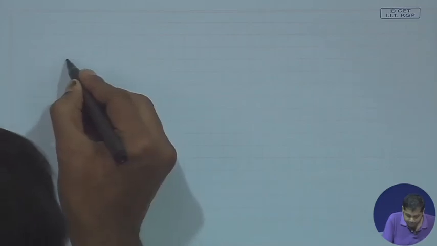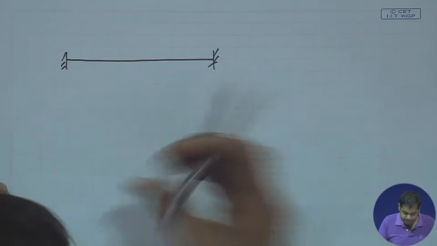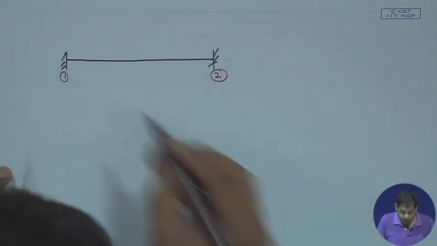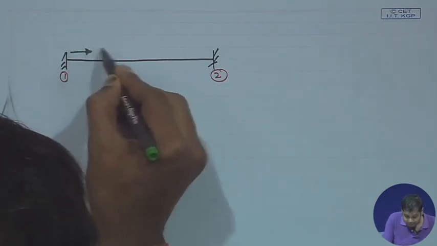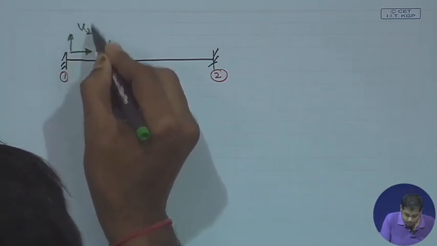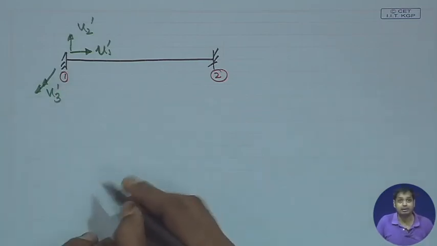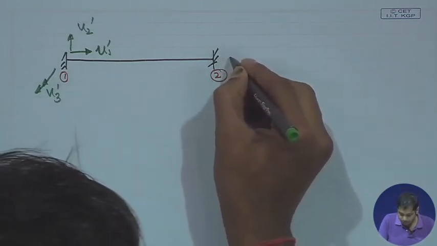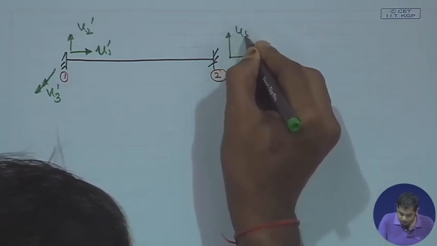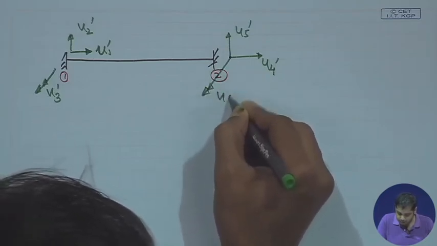So, this is a beam segment, and this is your point number 1, this is point number 2, and degrees of freedom are: this is axial deformation, this is U1 dash, and this is U2 dash, and this is U3 dash. Similarly, at this point you have U4 dash, U5 dash, and then rotation here is U6 dash.